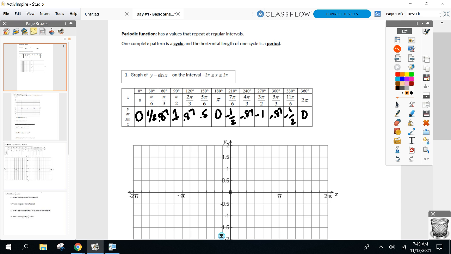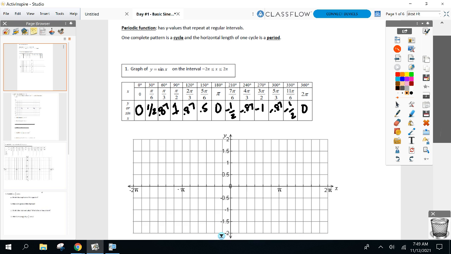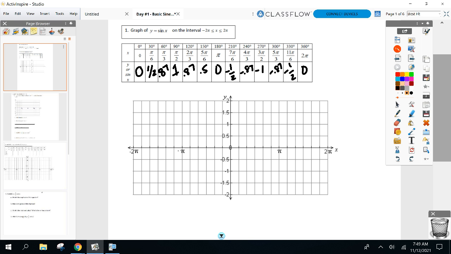Okay, got all our values? Making sure we all match up here. All right, ready to graph it? Okay, so at 0, it's 0. And each tick mark is the next one, 30, pi over 6.